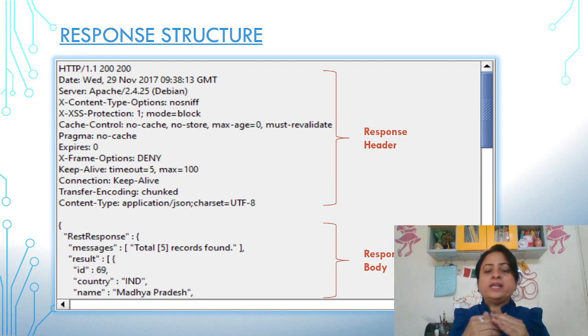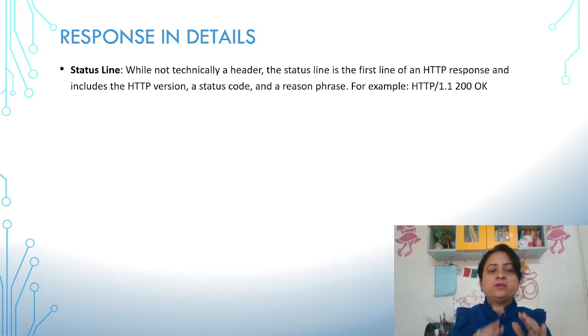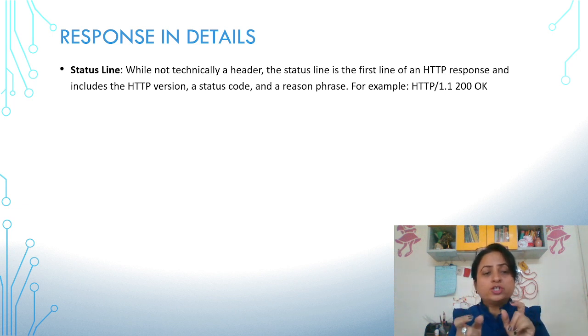This just tells you what status code you have got in response. Now, another important attribute, we'll discuss here one by one. First is your status line, which I just described: the HTTP version, the protocol version, and then your status code. Technically it is not a header, but it's usually the first line of your response.